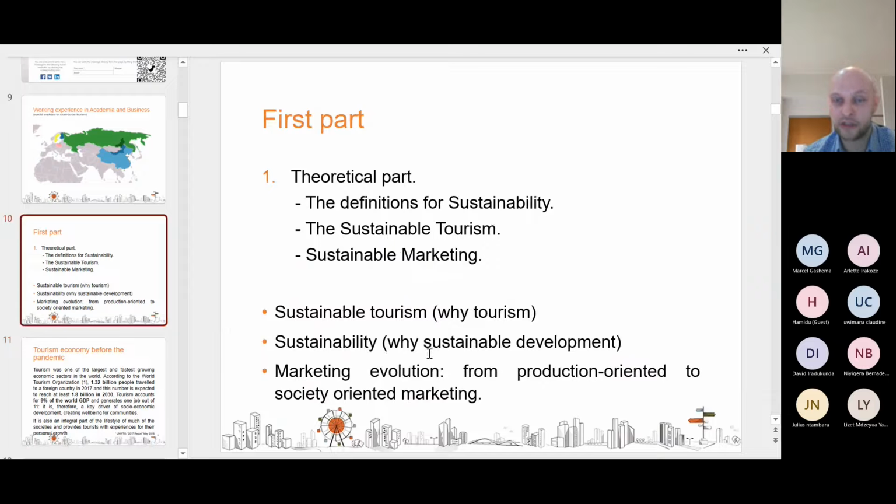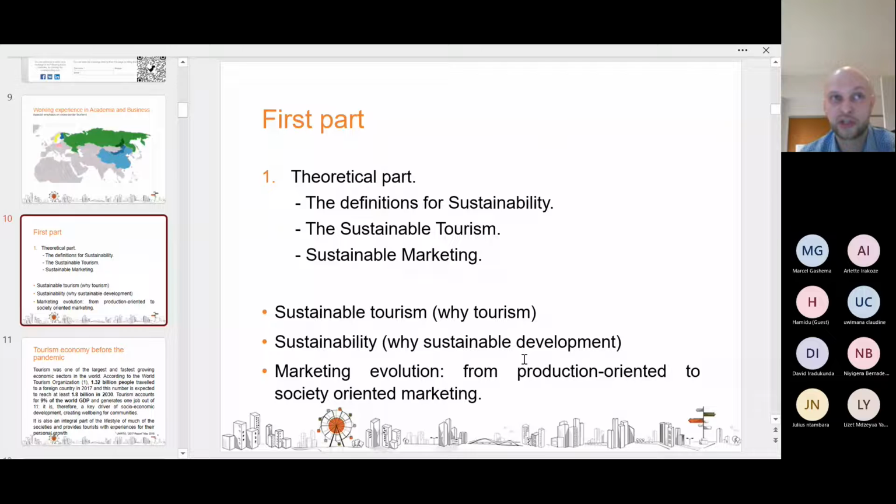Sustainability. So why sustainable development? Because organizations and companies should not only earn money and be profitable, but also be responsible for the communities where they are working, and for the different stakeholders, including employees, investors, and shareholders, if the company has passed the IPO, and so on.